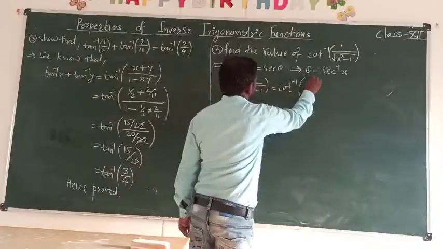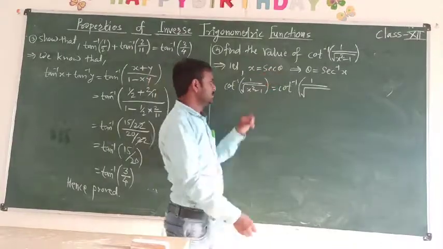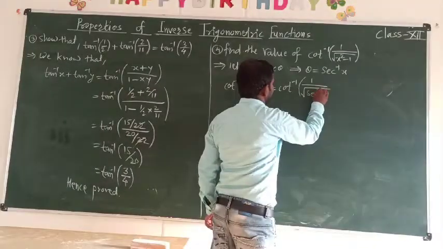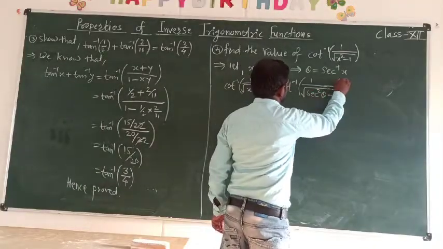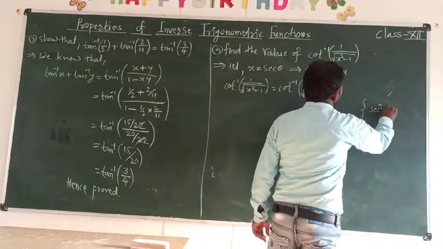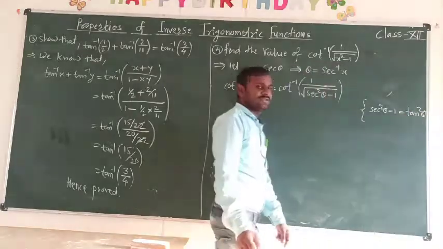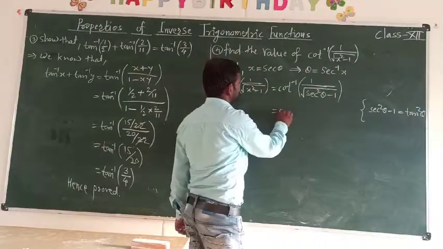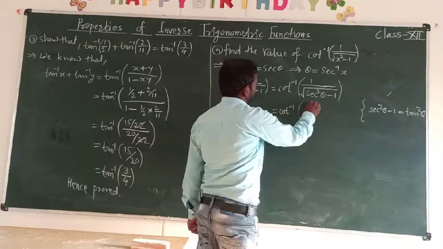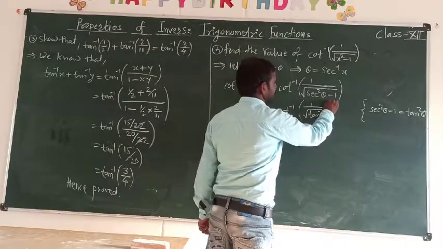So cot inverse of 1 upon under root of x square minus 1 is equal to cot inverse of 1 upon under root of, put x equal to sec theta, therefore we get sec square theta minus 1. Again we know that sec square theta minus 1 is equal to tan square theta. Put that value in here: cot inverse of 1 upon root of tan square theta.